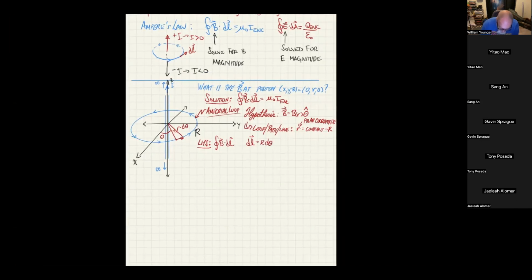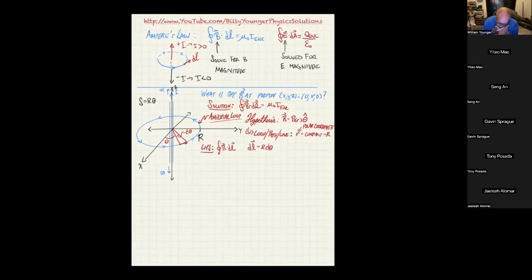And that just comes from the equation s equals r times theta that we know from trigonometry. But it is a vector, so it actually has to point in a very specific direction, and that specific direction is the theta hat direction.